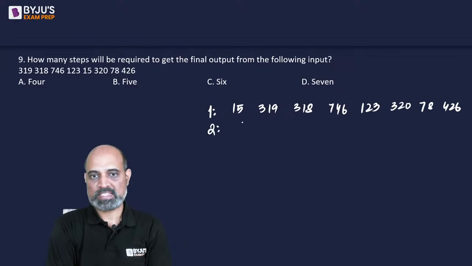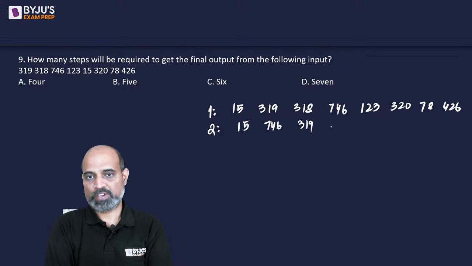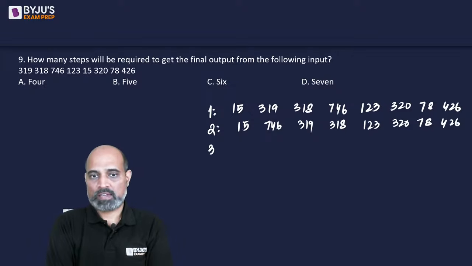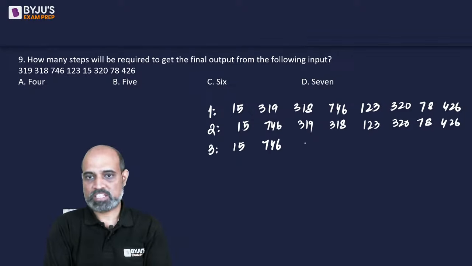Okay, second step, after 15, we are going to have 746. Everything else gets moved. The third step, we are supposed to have the second smallest number. Second smallest number is 78. Everything else shifts.